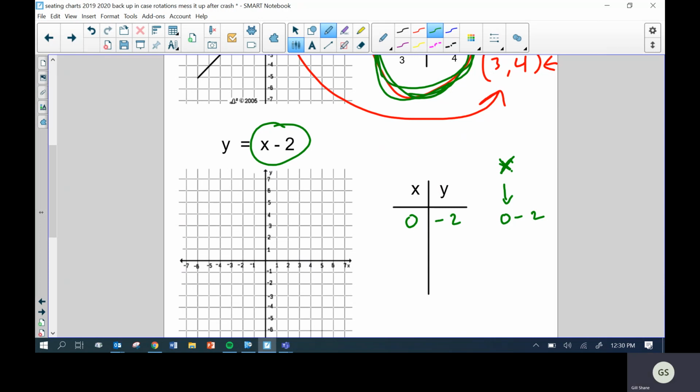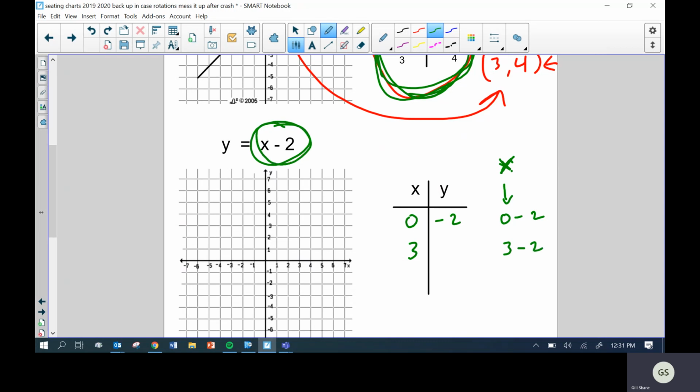I don't have to go one by one. I could pick an x of 3 if I wanted. Let's go backwards. So let's pick an x of 3. Well, same math. If my x is 3, then I plug in 3 for x. I still subtract the 2 because that's still my equation.